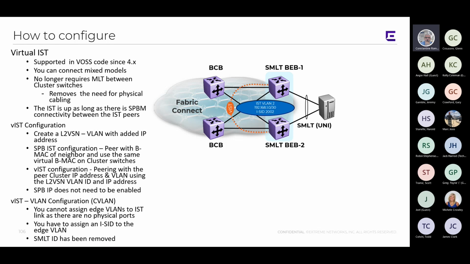Okay? As far as configuring it, there are a few configuration steps involved, as you would imagine, but it's very straightforward. You create a layer 2 VSN, so a VLAN again with an added IP address. Typically, you would use the same VLAN number across all of your VIST pairs.